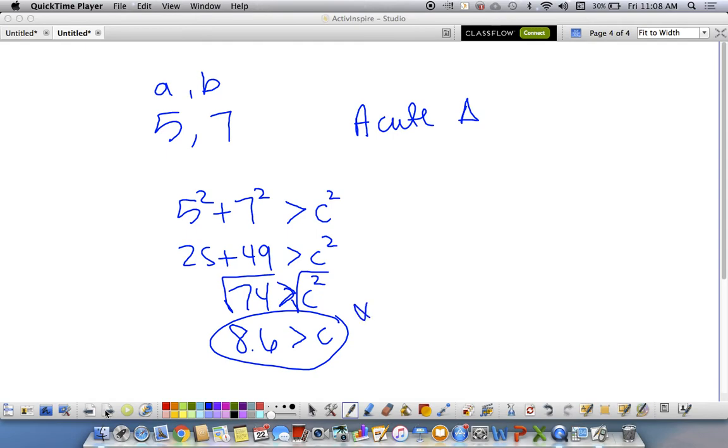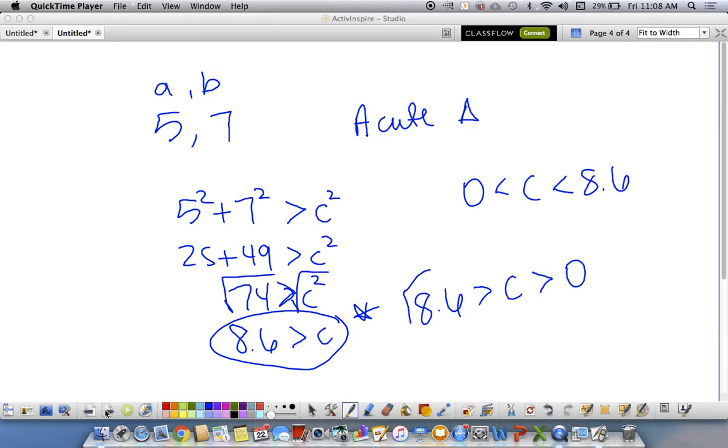So I'm going to put a little star and say, 8.6 is greater than C, which is greater than 0. I really don't like that, I like writing it the other direction, but that's just me. I would put C right here on the other side, because this doesn't always make sense. C is greater than 0, but less than 8.6.